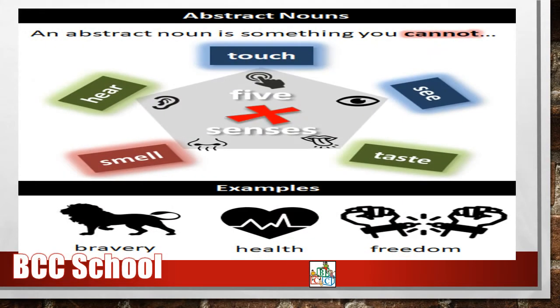You will have to know your list of nouns properly, but for today, let us move on with abstract nouns. An abstract noun is something that you cannot touch, see, taste, smell, or hear. Examples are bravery, health, and freedom.